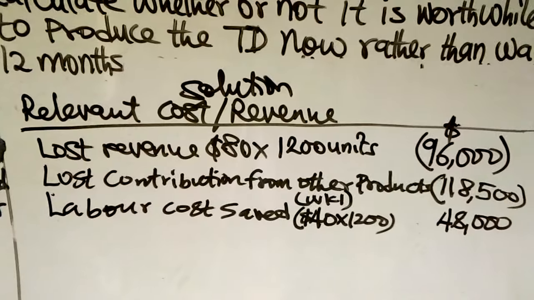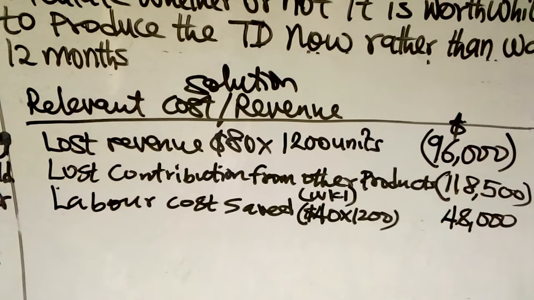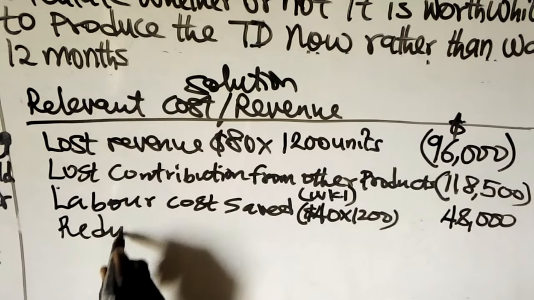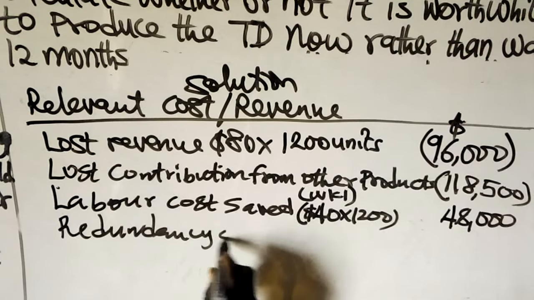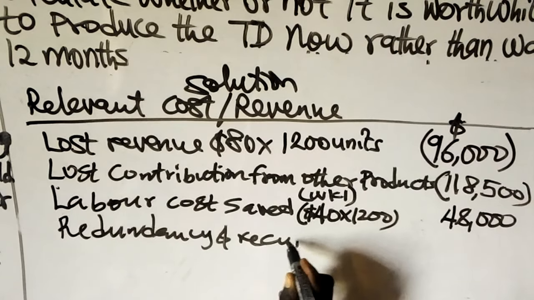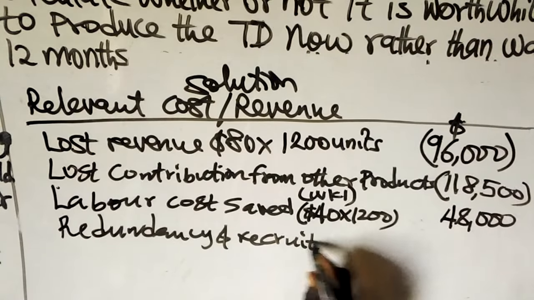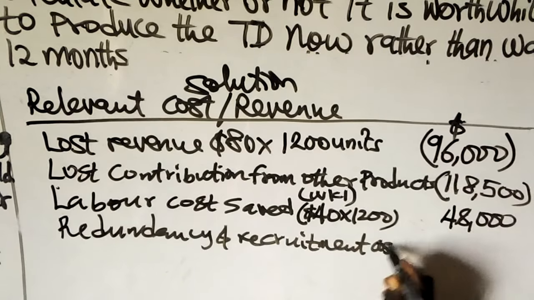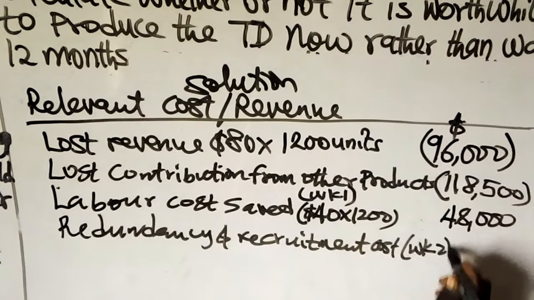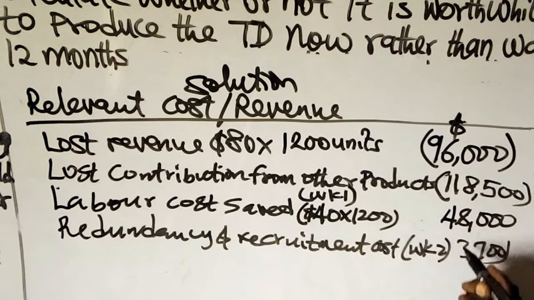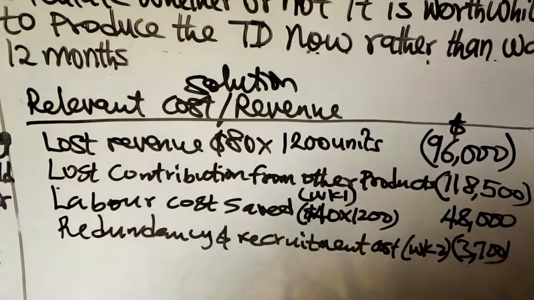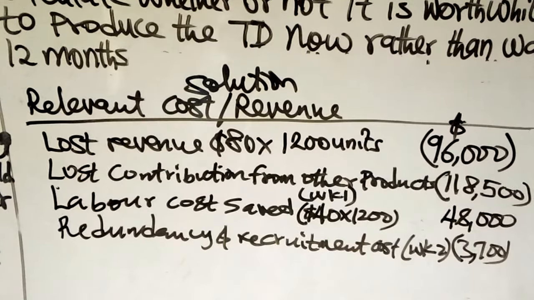So we have redundancy and recruitment cost, that is working to 3,700. That is the redundancy and recruitment cost.